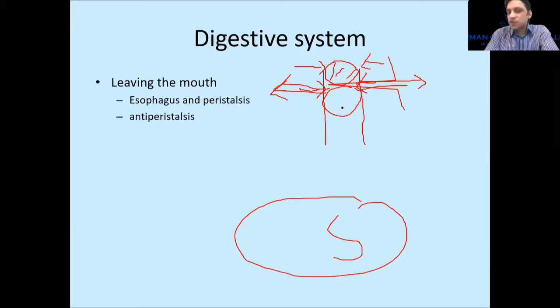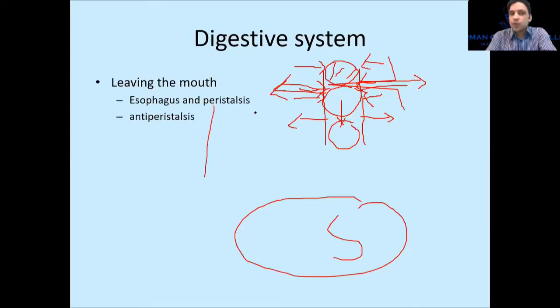Once the bolus reaches the next phase, these muscles which are above the bolus contract, and now the lower muscles expand themselves like this. And then it pushes the food one step further. When the bolus reaches here, the same cycle repeats itself.